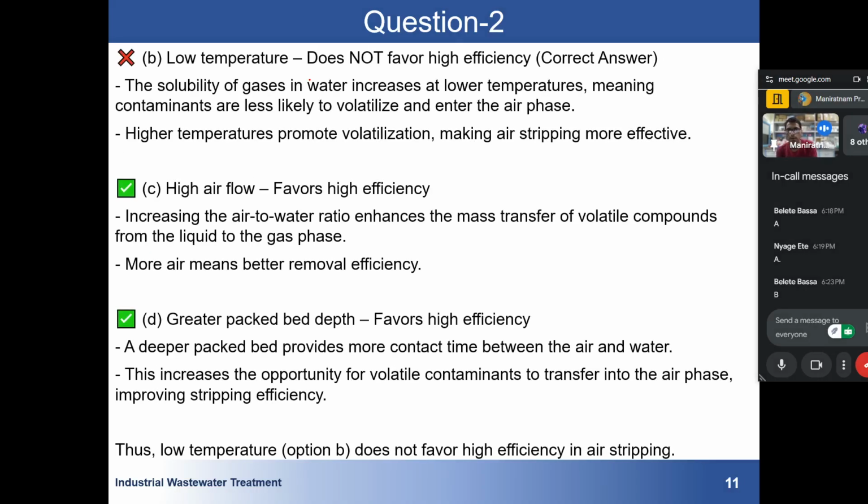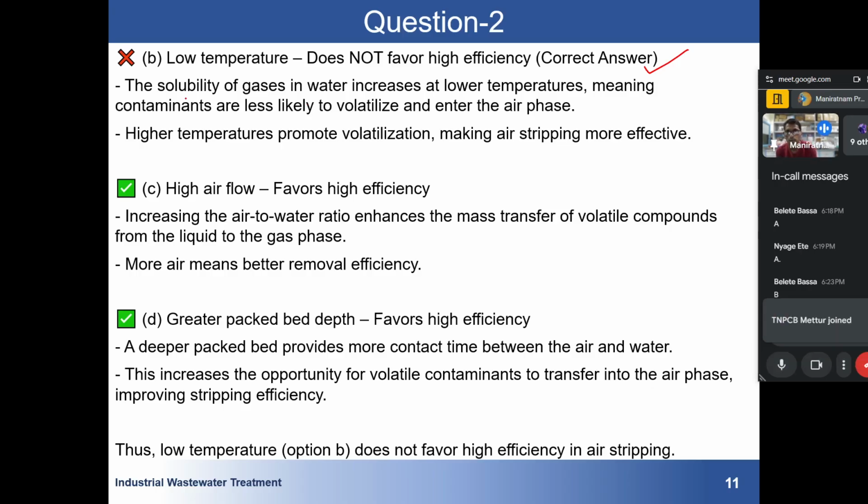Then we have low temperature, which does not favor high efficiency. That is our answer, the correct answer. See, if we want to remove something, then we know that we have to increase its randomness. We can increase the randomness by increasing the surface area, or we can increase the temperature. Lowering the temperature, it will still remain in the water only, okay?